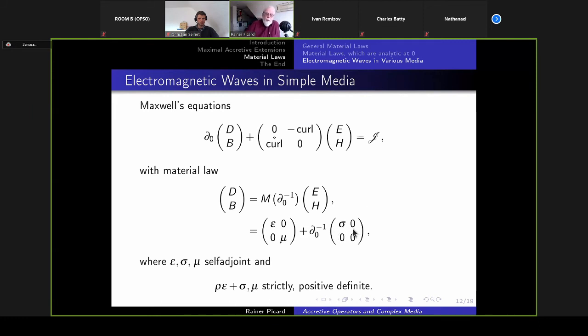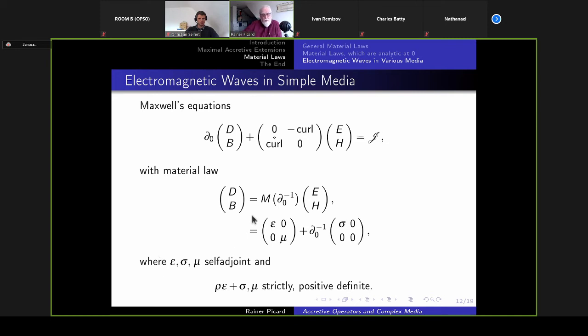And maybe if we have conductivity involved, then there is a second term with a D0 inverse. So it's just a simple affine function of D0 inverse. So it fits the bill of being a zero analytic function of the inverse time derivative, which is the integral, really.